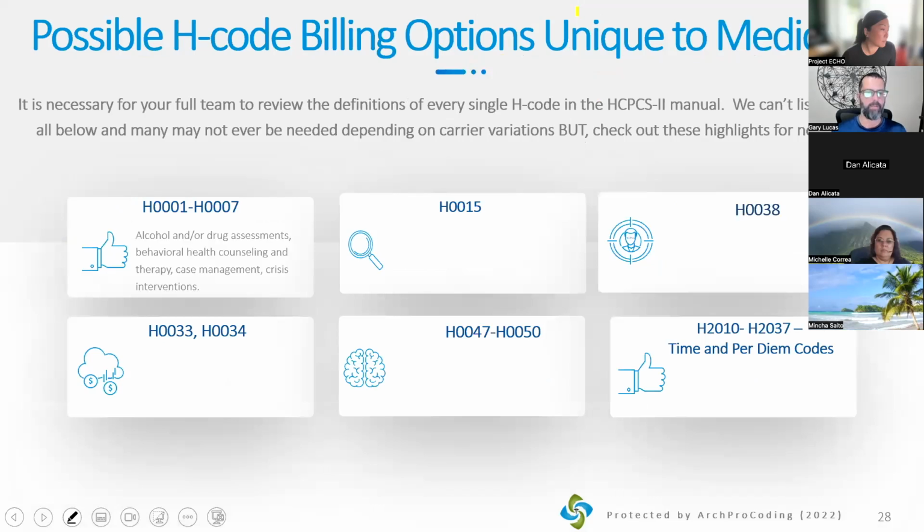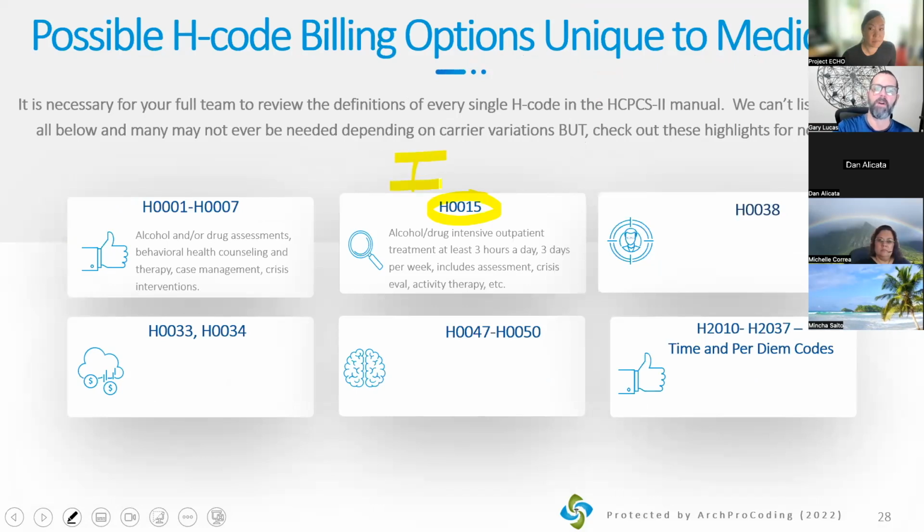Similarly here, as I promised, to give you some H codes that may be needed by Medicaid. Of course, for myself not being an expert on Hawaii Medicaid, I would ask you, for example, if you have what some folks call an intensive outpatient program, where you have your patient coming in at least 3 days a week, 3 hours a day.